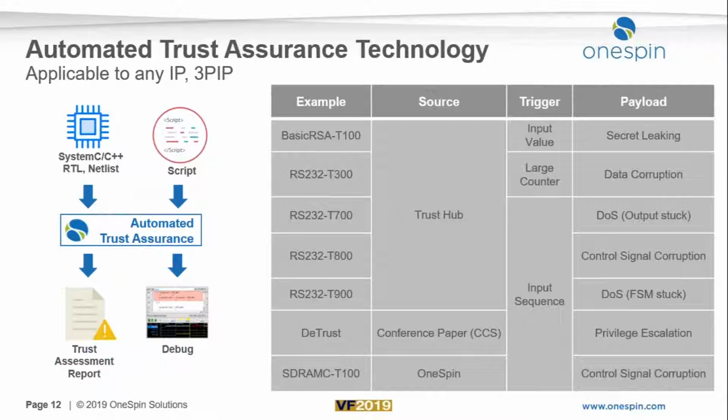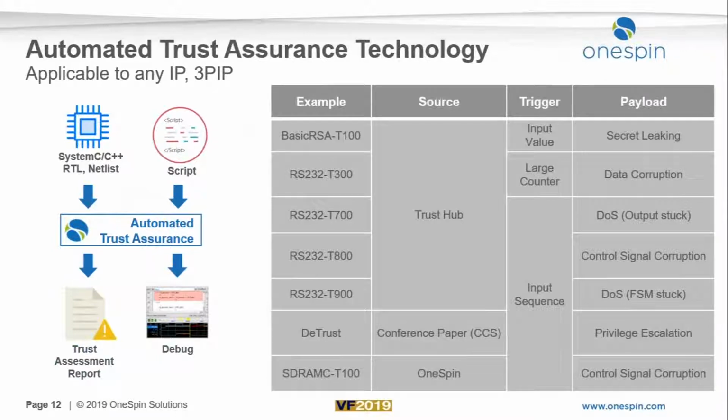And also we have debug capabilities if you want to drill into some specific issues. So these are just some examples where we've been running this. There are examples from Trust Hub, which has a test bench of designs with Trojans inserted in them. You can get examples from conference papers.